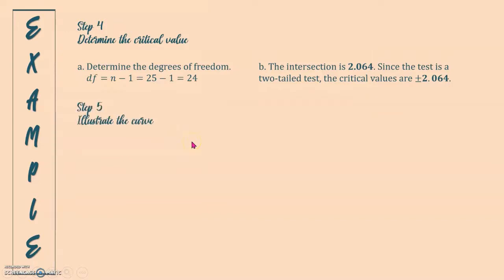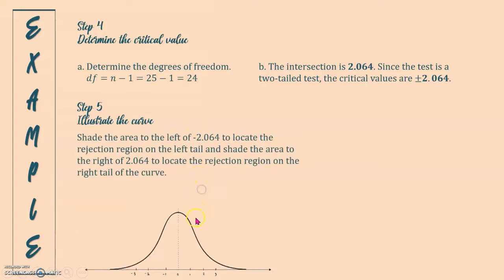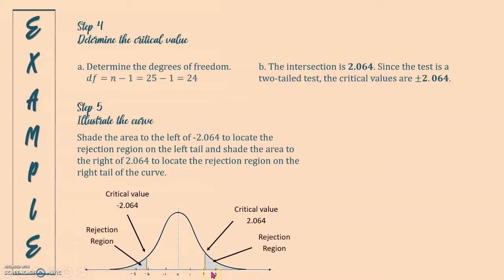Again, in illustrating the curve, we have to identify first where our critical values are located. So here is our curve, and our critical values are at negative 2.064 and positive 2.064. So locating it, it's approximately here, wherein the shaded regions are our rejection region.